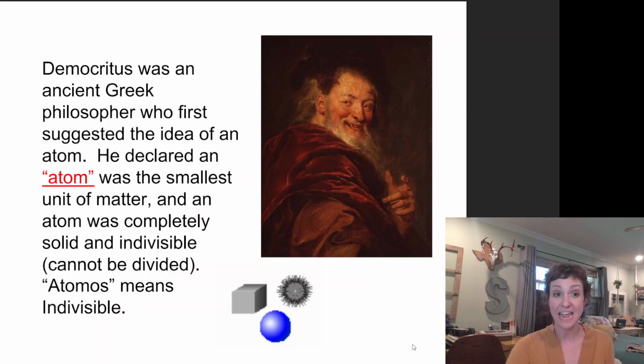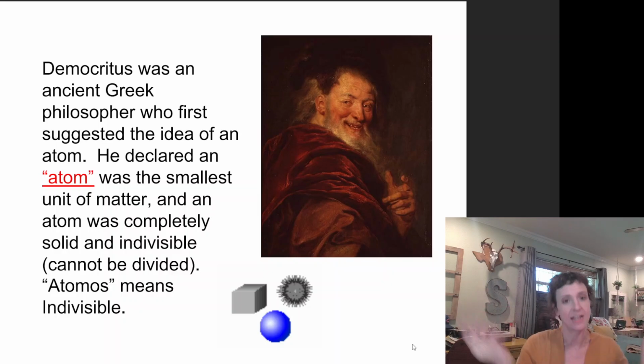So Democritus was a Greek philosopher who first suggested the idea of an atom. He declared an atom was the smallest unit of matter, and an atom was completely solid and indivisible. If you see the word indivisible, it just means cannot divide up any further. Meaning this atom, whatever shape it may be, like I have pictures down here, he did not know what an atom actually looked like, but he said that, nope, you can't get anything inside of that is as small as it means.